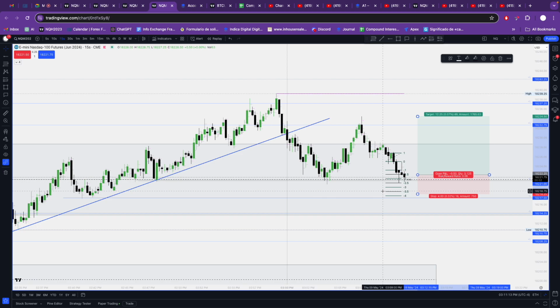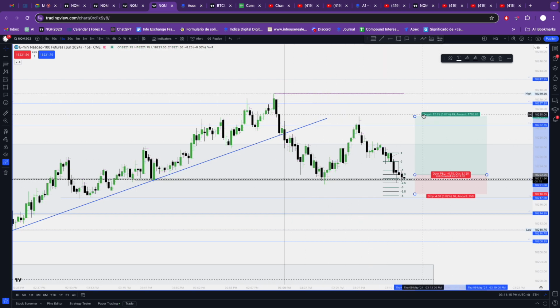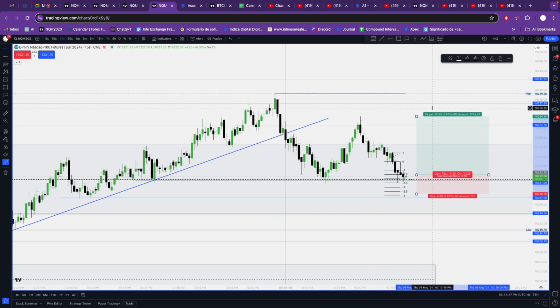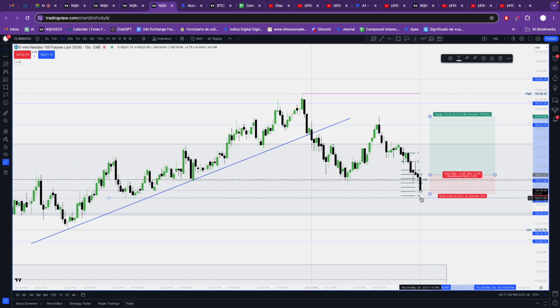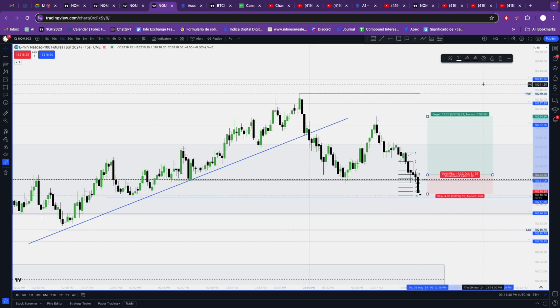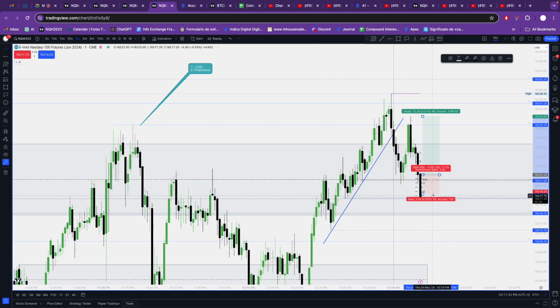But again, we're expecting a higher time frame move, so we're gonna move up higher. If we do, because we could come down here to 4 standard deviation. I think that's what we're gonna do. Yep. Ah man.